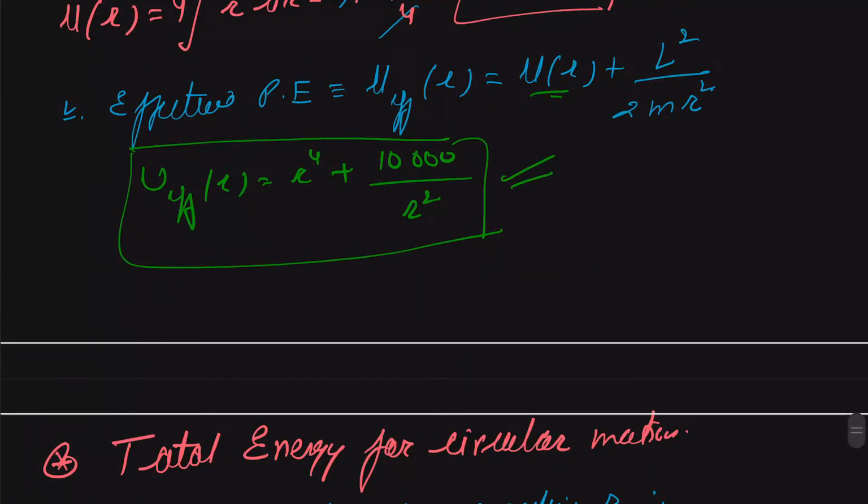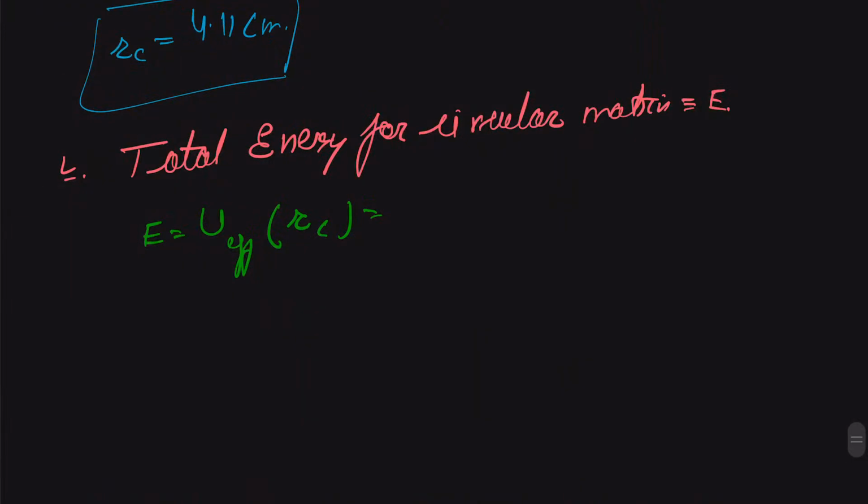Here we simply substitute R by RC, and later on we can put the value of RC, and we get RC whole raised to power 4 plus 10,000 divided by RC square, and this is 4.11.